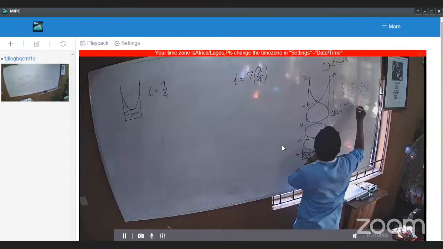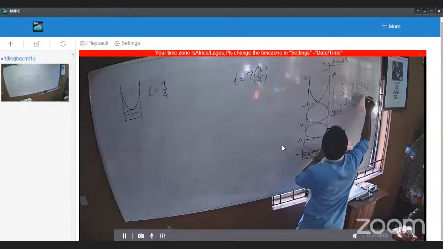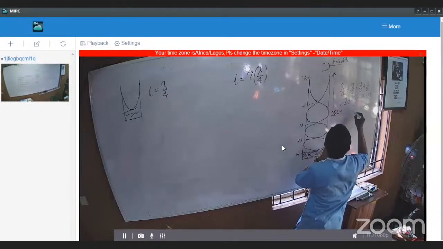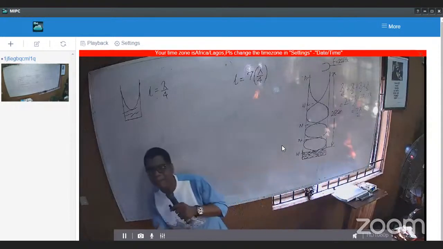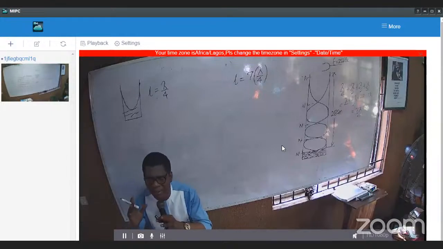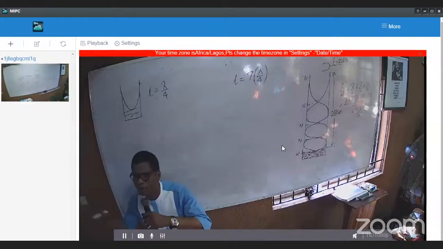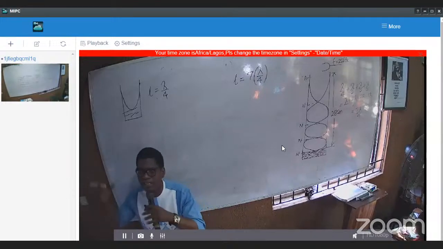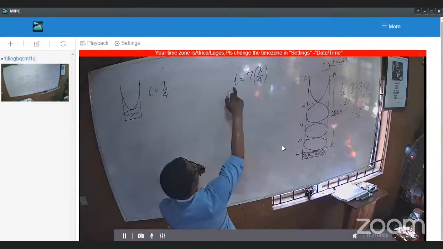So λ over 4 plus λ over 2 plus λ over 2 plus λ over 2 is 7λ over 4. In the exam, you can prove it yourself. But we are smart: fundamental, λ over 4. First overtone, 3 into λ over 4. Next one, 5 into λ over 4. Next one, 7 into λ over 4. Like that, odd numbers.